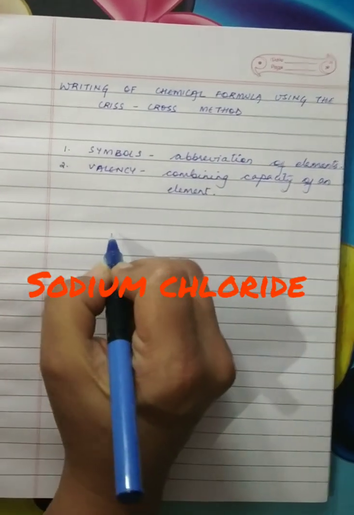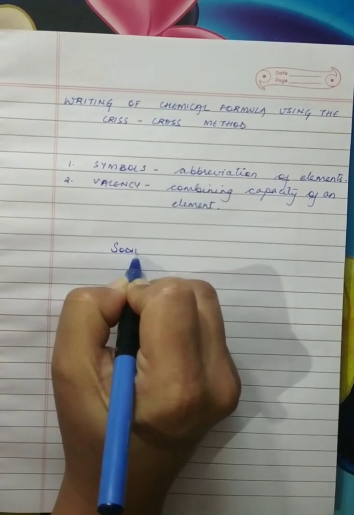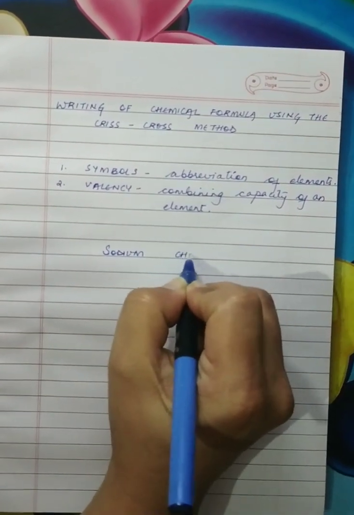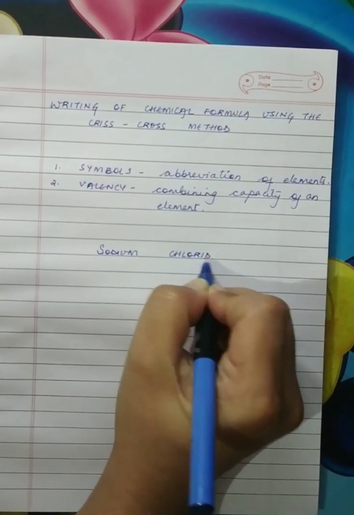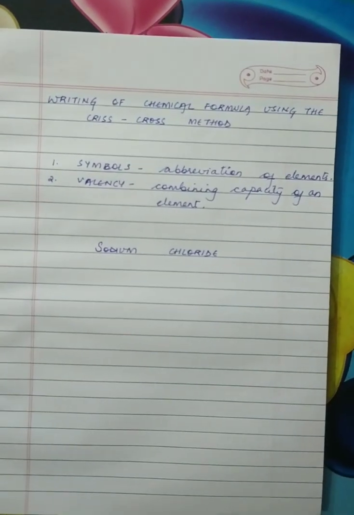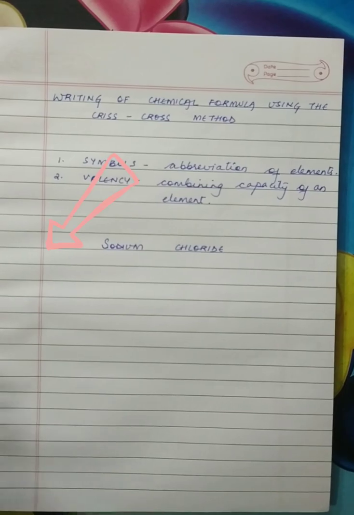Let's start with a very simple one, that is sodium chloride. Sodium chloride is the common salt that we use at home. The chemical name of common salt is sodium chloride. So as I told you, the first thing that we require is the symbol.